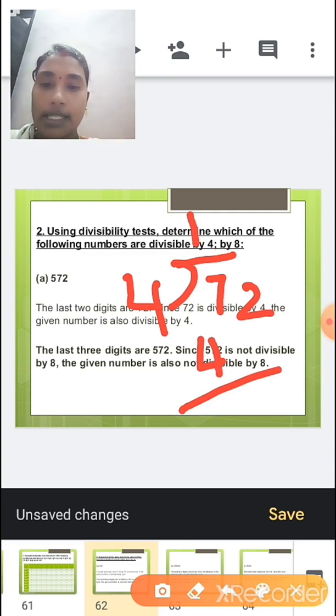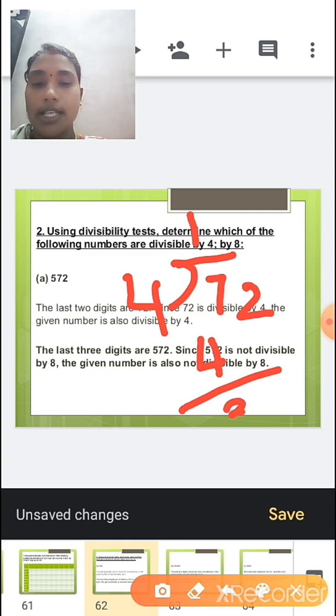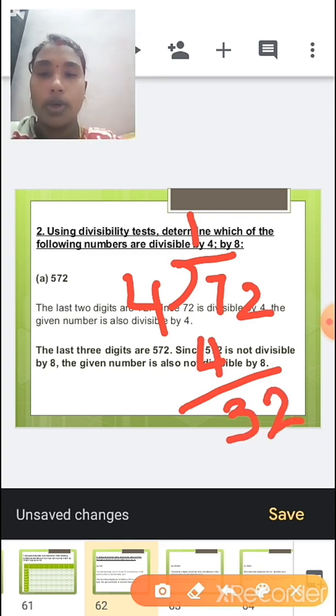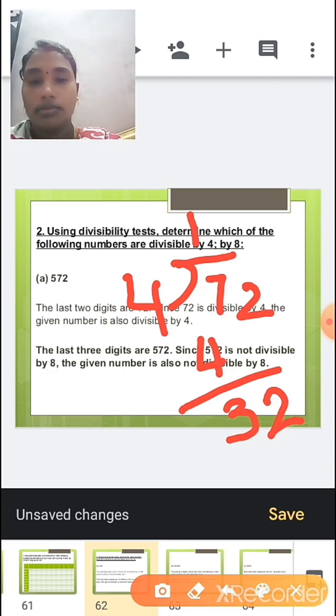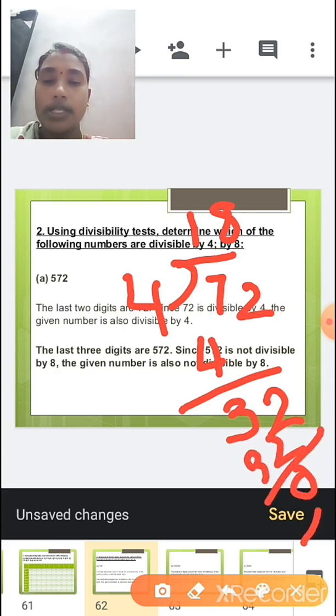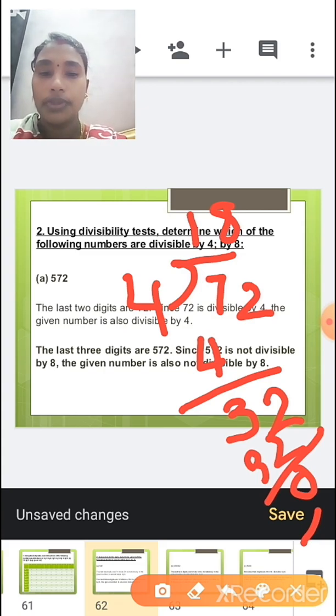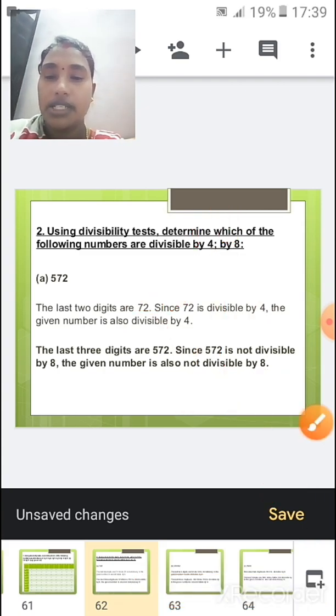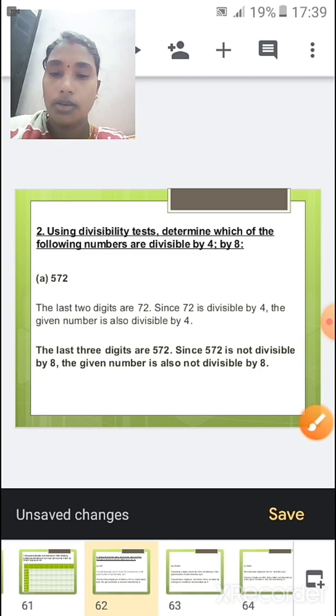So 7 minus 4 is 3. So bring 2 down, and 4 how many times will go in 32? It will go in 8 times. So 32 minus 32 gives you 0. So is it divisible by 4? Yes. The number 72 is divisible by 4.